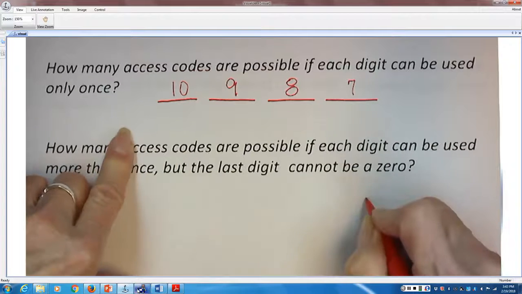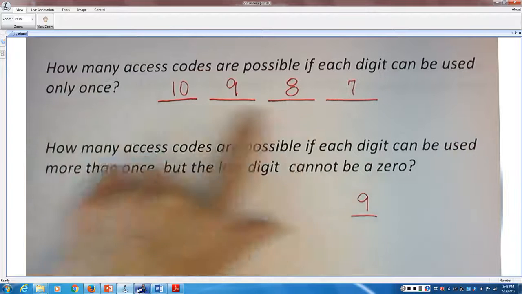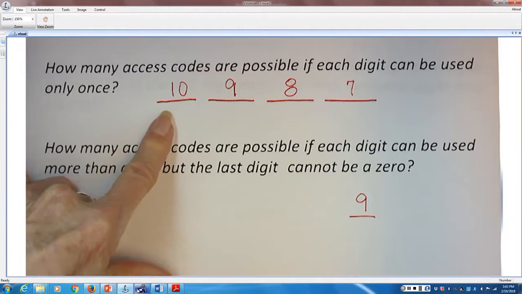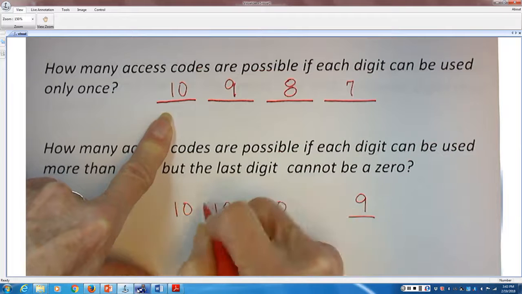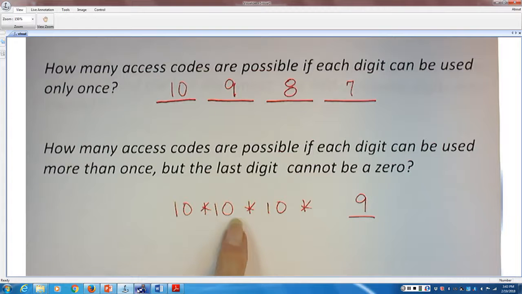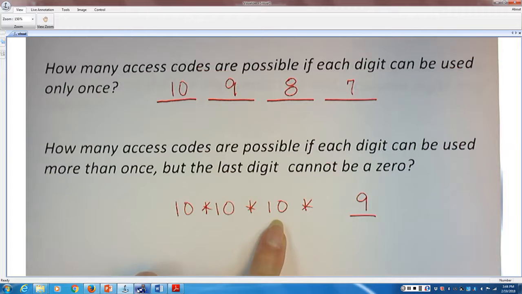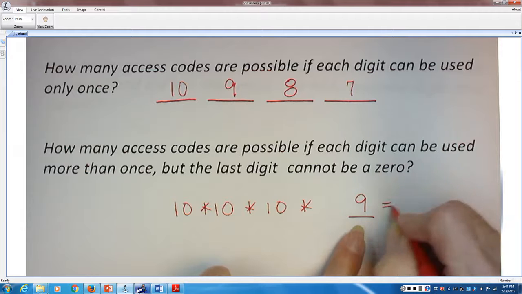Okay, the last one would be 9 choices because I don't get to use all 10 digits. But what about the first 3? They're all 10. So 10 times 10 times 10 is 1,000. Times 9 is 9,000 different codes.